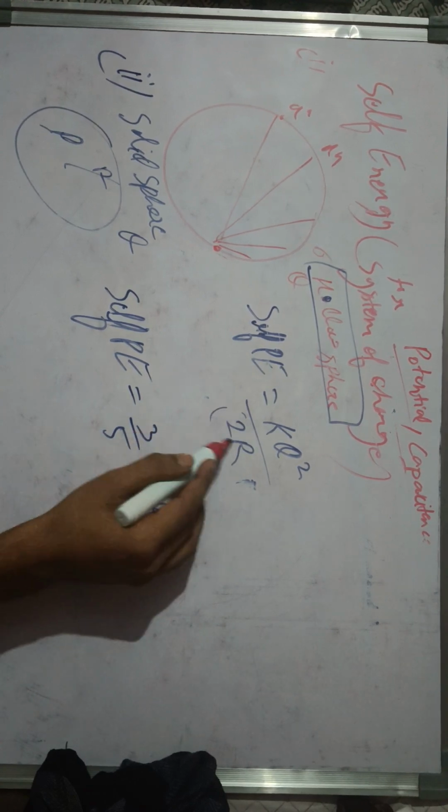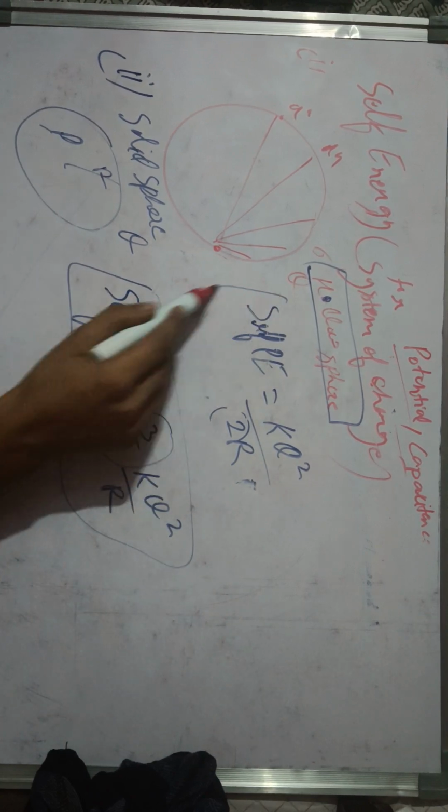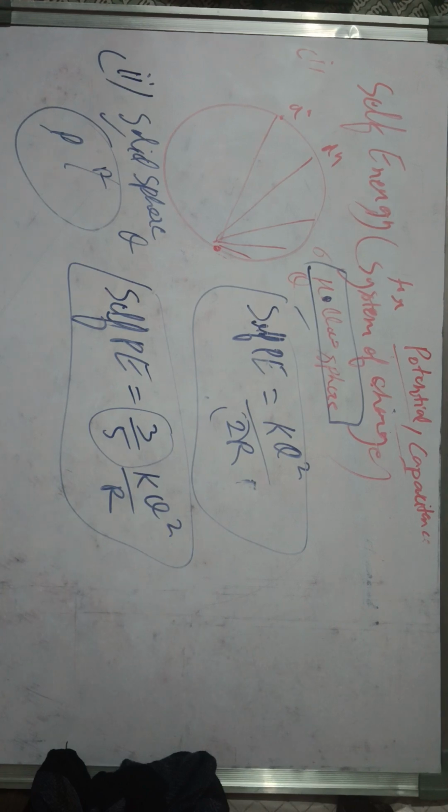In the hollow case this was 1 by 2, in this case it is 3 by 5. This is solid, this is hollow, and this was simply the self energy concept.